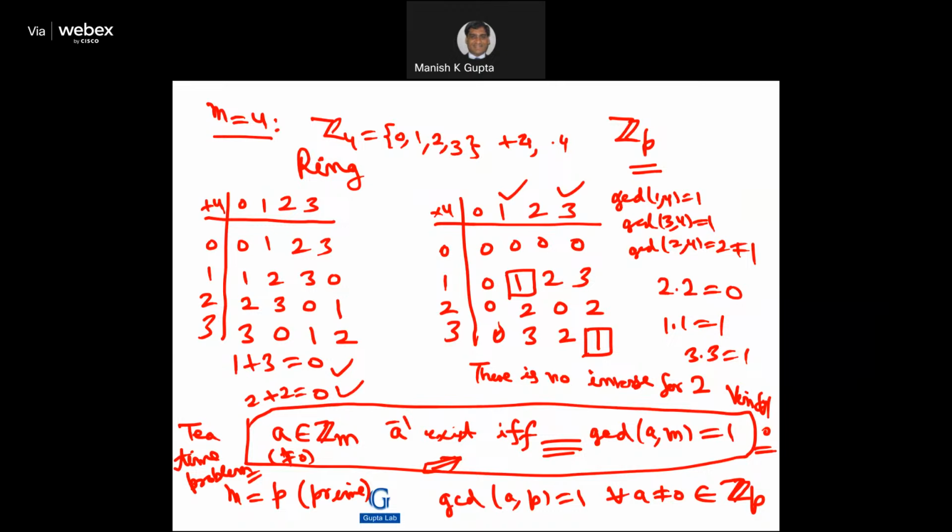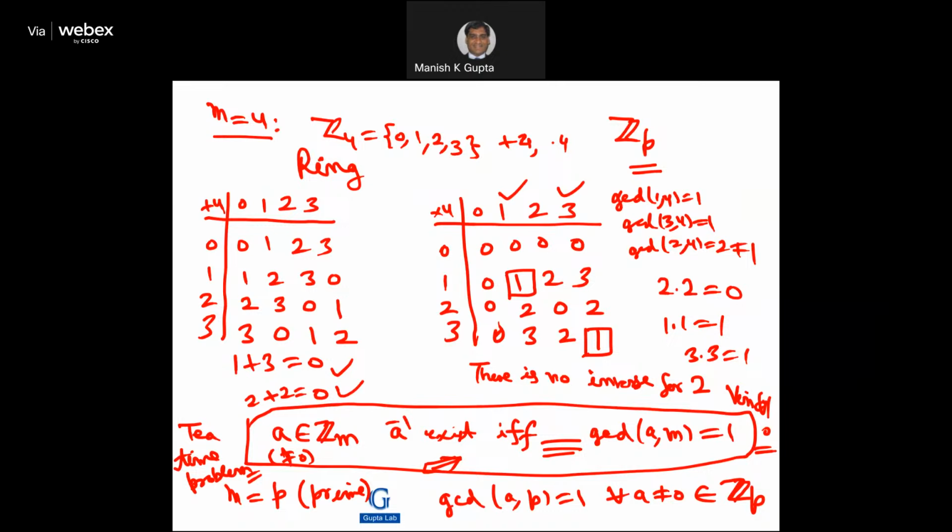So please do this problem because I may ask this in a quiz or in an exam or anywhere. That is one reason. Second reason, obviously you will understand something. It's not very difficult.